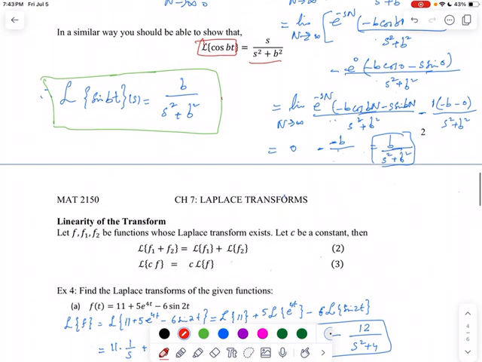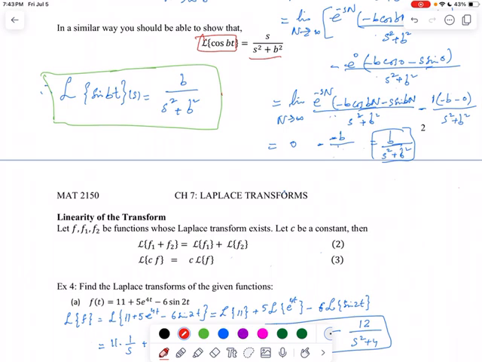Okay, next thing we talk about is linearity of the transform. A transform is linear if, when you take the transform of a sum of functions, you get the same answer as if you first take the transform of each and then add the transforms. So you have two functions, you add them, and now you take the Laplace transform.